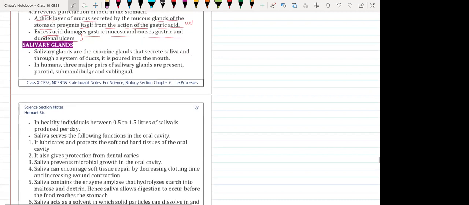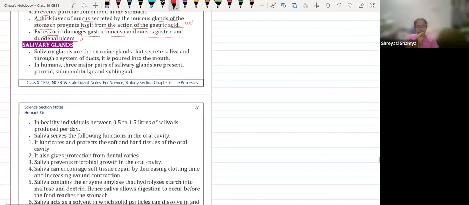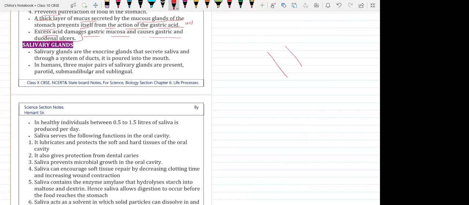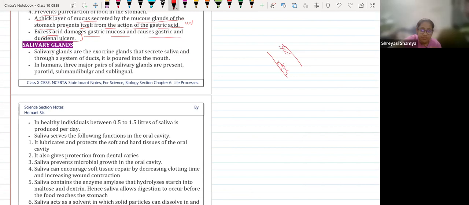Ulcer means the inner lining wall of the gastric gland gets ruptured and internal bleeding may take place, like when you get a wound or ulcer in the mouth.